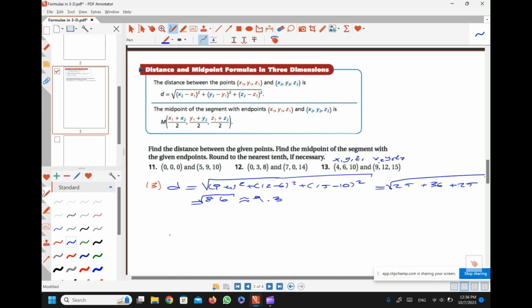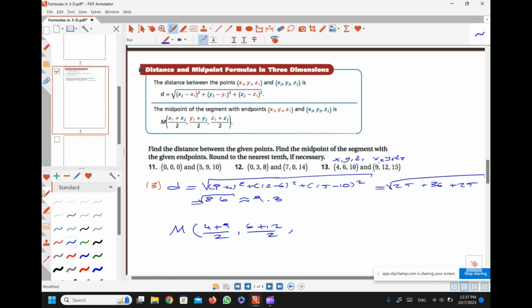What about the midpoint? Apply the formula. Take the average of each coordinate. The average of x's, x1 plus x2 over 2. x1 is 4. x2 is 9. 4 plus 9 over 2, comma. Take the average of y's. Your y's are 6 and 12. 6 plus 12 over 2, comma.